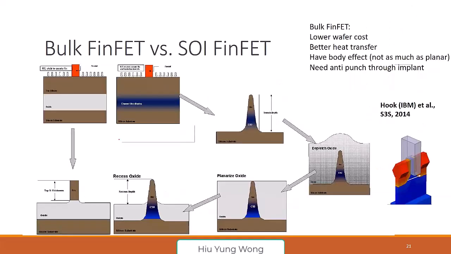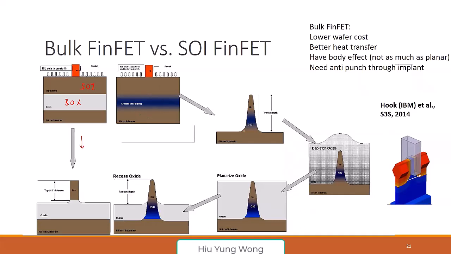Now, there are two types of FinFET. One is bulk, one is SOI, right? What I just showed you is SOI. Just like what we did, this is the box. This is the SOI, right? So after the etching, you have this fin on top of SOI. Another way is we still have the bulk transistor, no SOI.